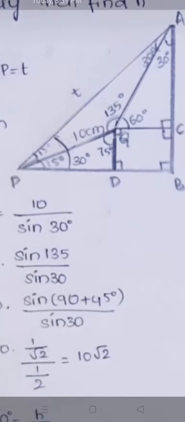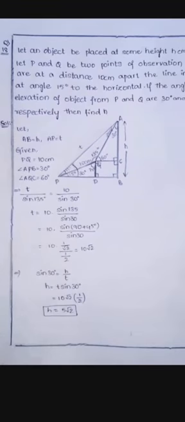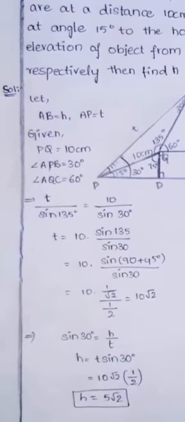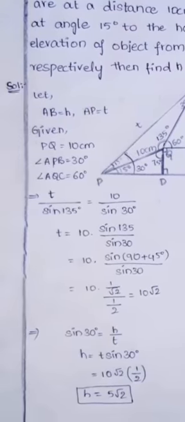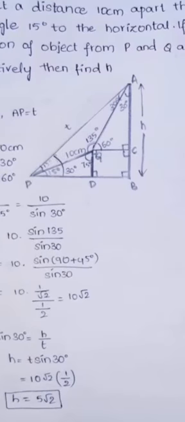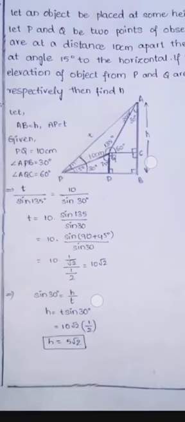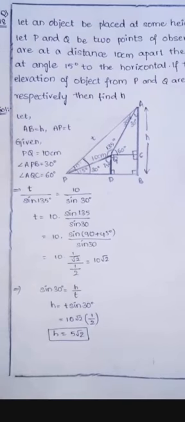As we discussed, AB bar is equal to H and AP bar is equal to T, and PQ bar is equal to 10 centimeters, given. The angle of elevation from the P point to A is 30 degrees, and the angle of elevation from the Q point to A is 60 degrees. Now we are applying the sine rule for the triangle PQA. Now what is the sine rule for a triangle?